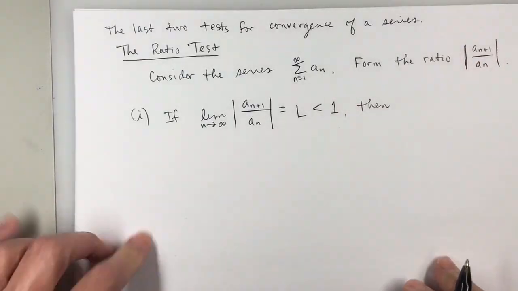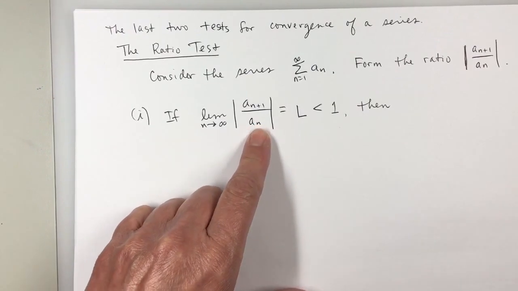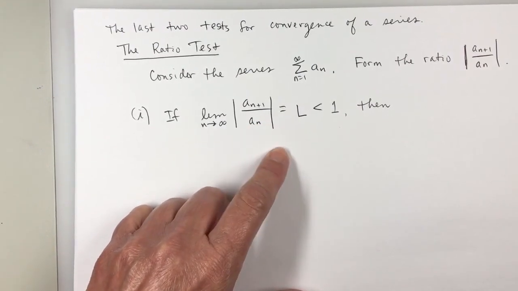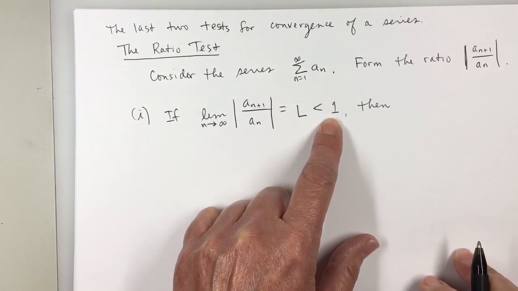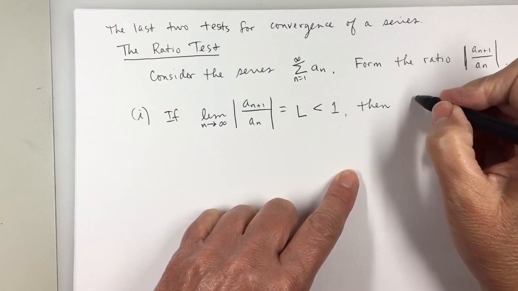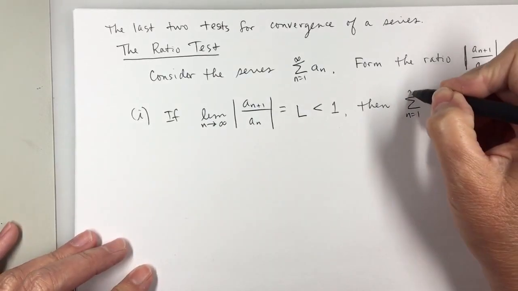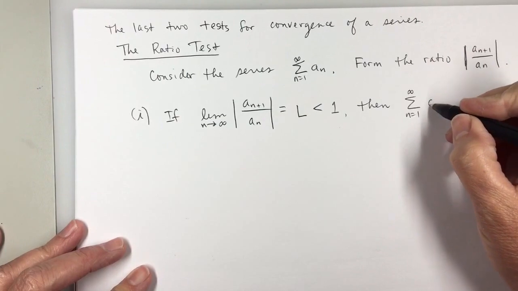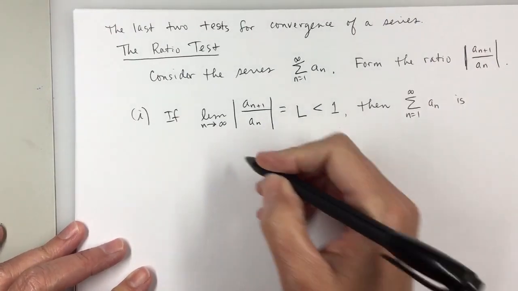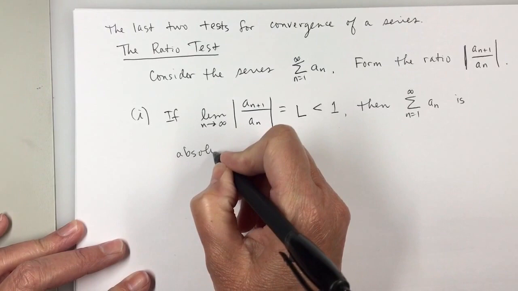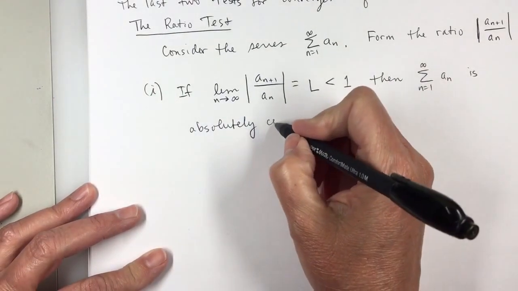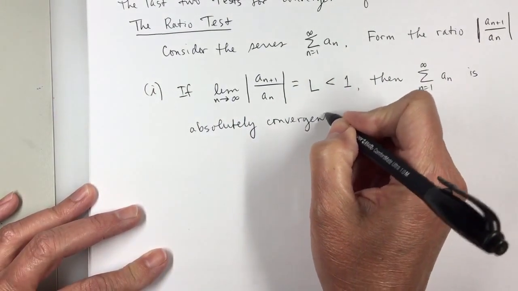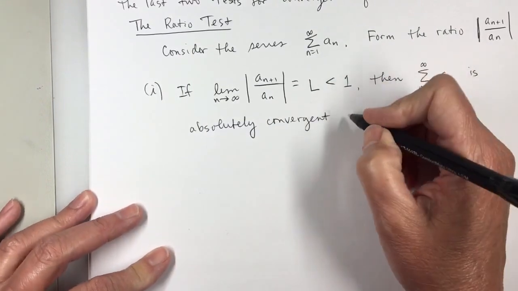So if the limit of that ratio equals some number L, and that number L is less than 1, then the series as n goes from 1 to infinity of a sub n is absolutely convergent, and therefore it's convergent.